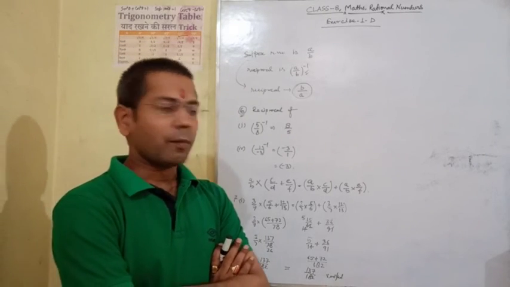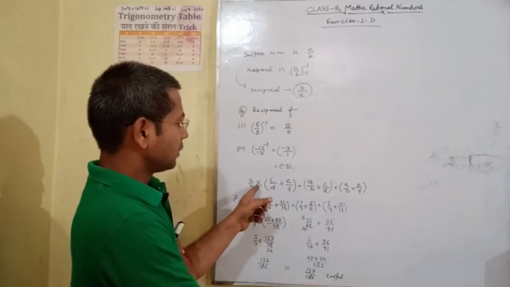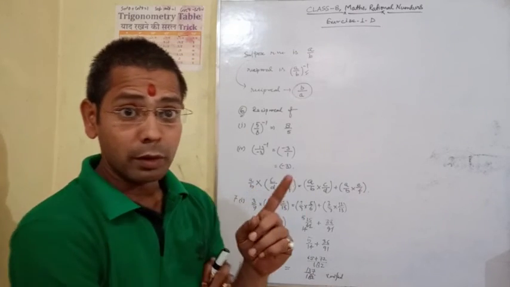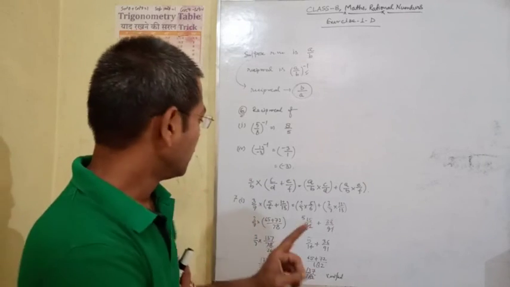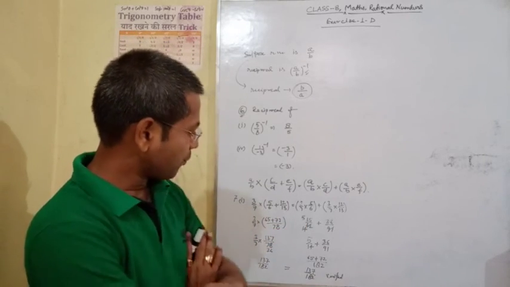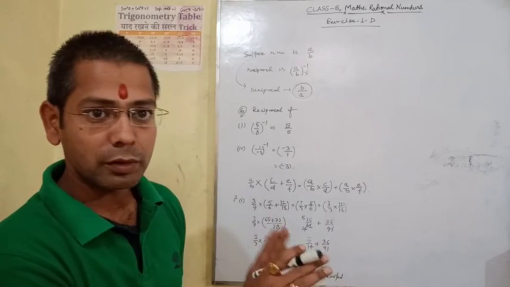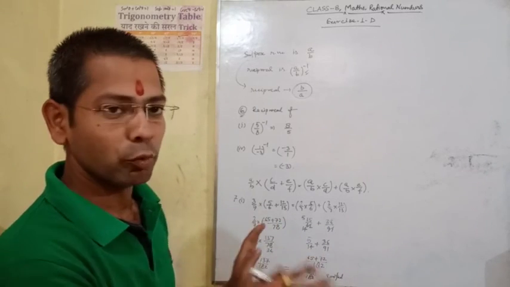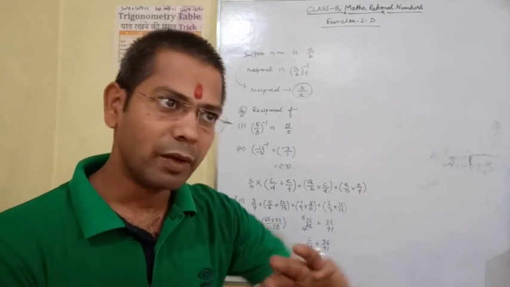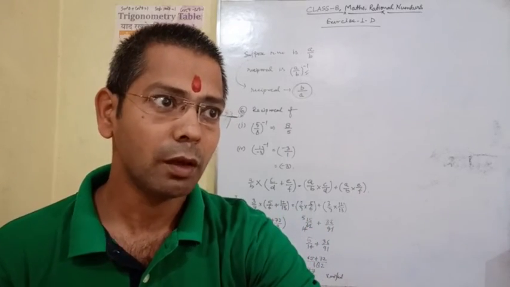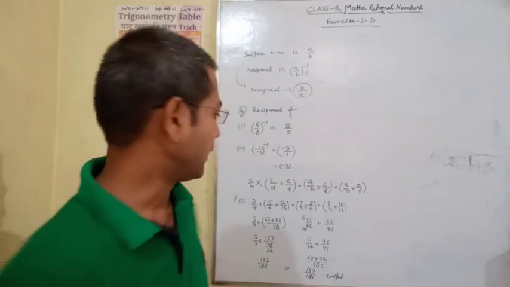So the property was that the multiplication of rational numbers over addition is shown here, and we have calculated using it. We got that both side results are equal, meaning our given problem is verified.